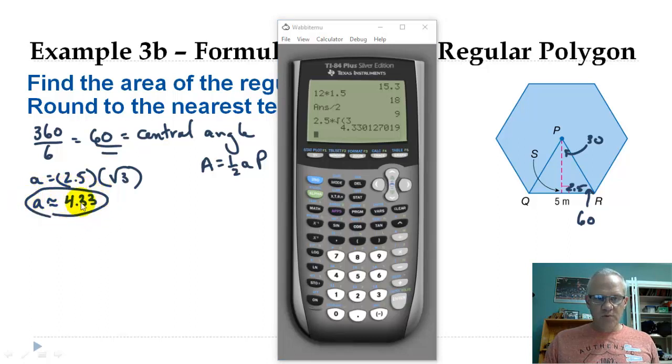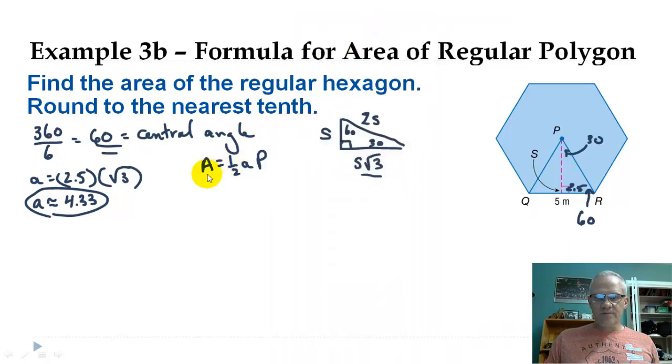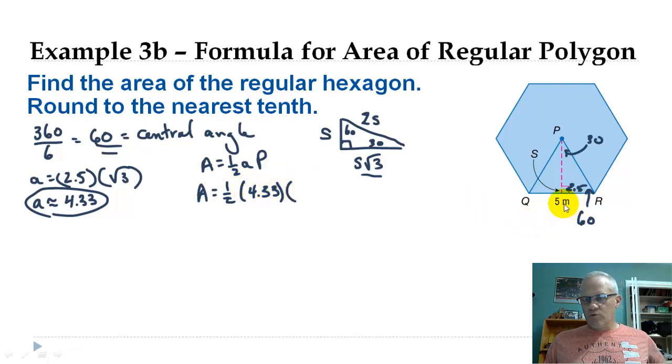So this is our apothem, and now let's go to our formula, which will be 1/2 the apothem, 4.33, times the perimeter. What will the perimeter be? Well, it's 5 times 6, so 30. And this is what we'll plug into our formula.